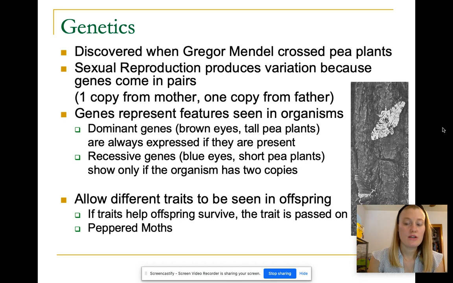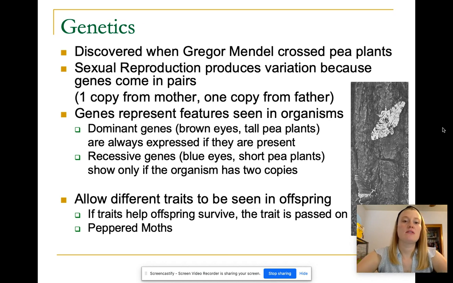So anything that's heterozygous has a dominant allele, which will determine and express the feature that the gene is coding for. Recessive genes, you have to have both of your alleles coded for recessive to be able to express these phenotypes.